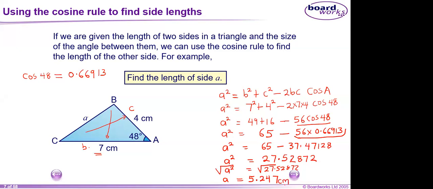So that is our A. It's 5.24678, but this number can be rounded, so you round up. Hope that is okay. Yes.